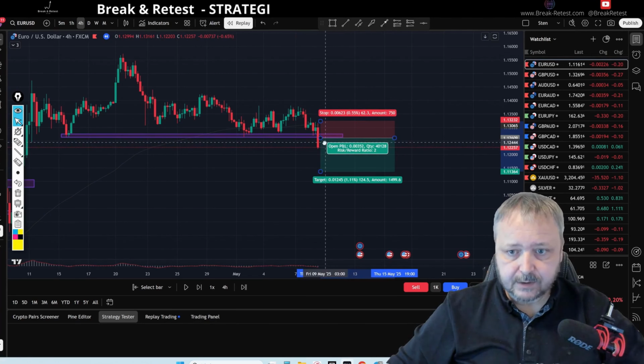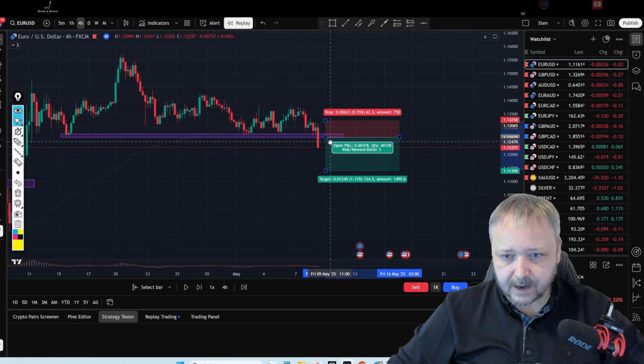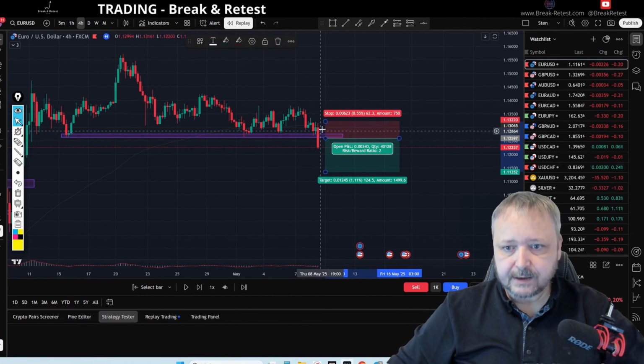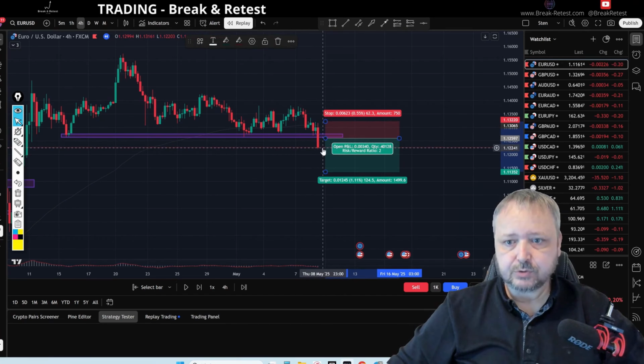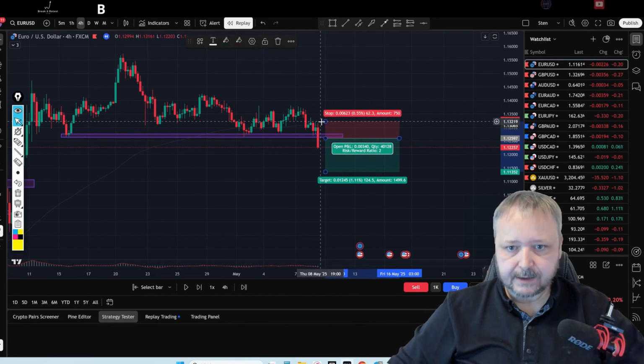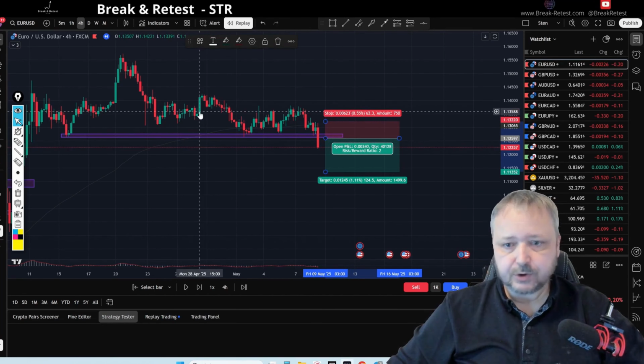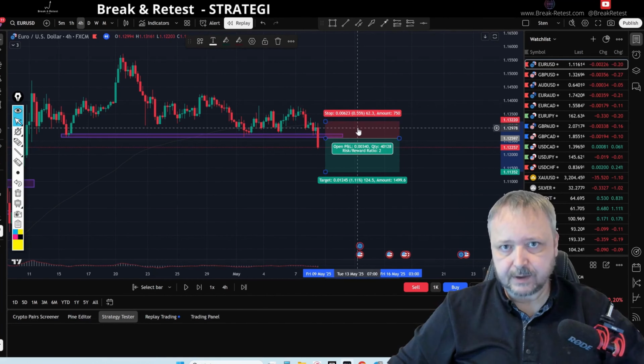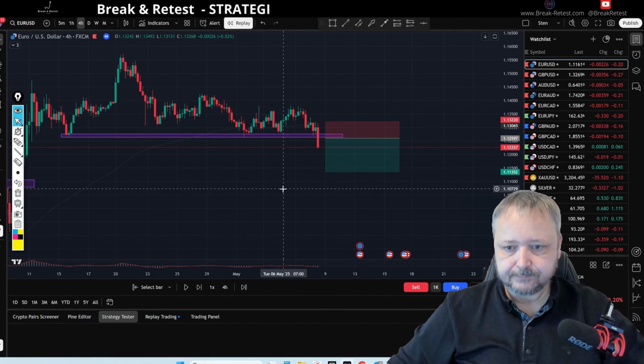Therefore, I don't place it right away, but I wait for 1 or 2 candles like this, just to make sure it's not an immediate reversal. As soon as I see a tendency that it might be a false break, meaning an immediate return back into the previous structure, I would delete this setup right away. All right, I wouldn't leave it there.